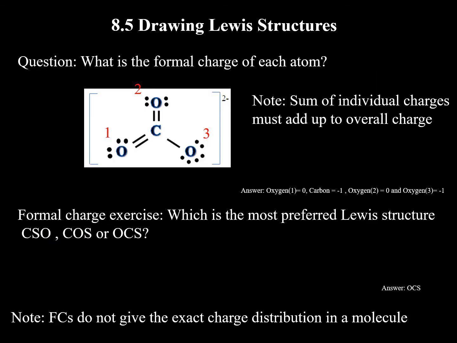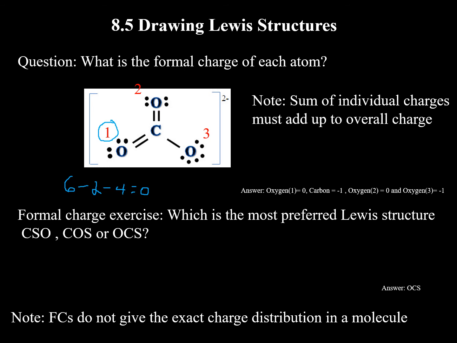So this is an example of CO2. Just want to point out this is not the correct Lewis structure. I drew this structure just to give you an example of how to figure out formal charges. In this case, the oxygen labeled 1 would be 6 minus 2 minus 4, which is equal to 0.